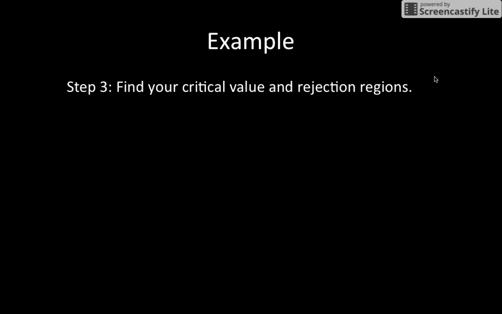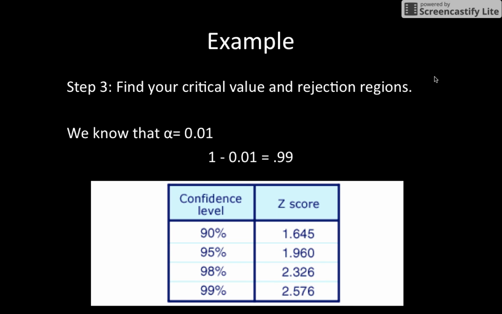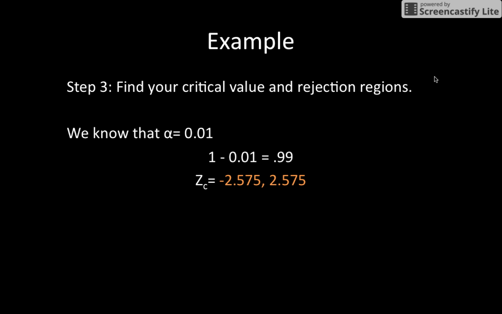So now you want to find your critical value and your rejection regions. You know that alpha equals 0.01, so you take 1 minus 0.01 to get your level of confidence of 99%, 0.99. I just showed the chart of the most common confidence levels along with their z-score. You can see that 0.99 has a z-score of 2.575.